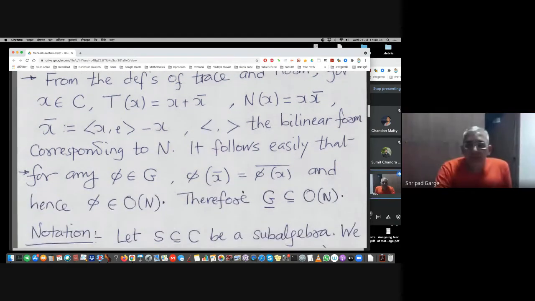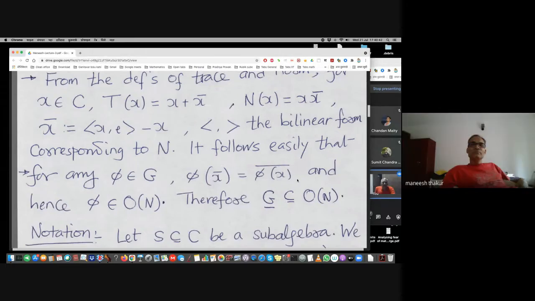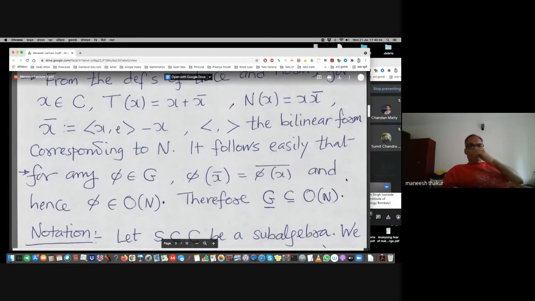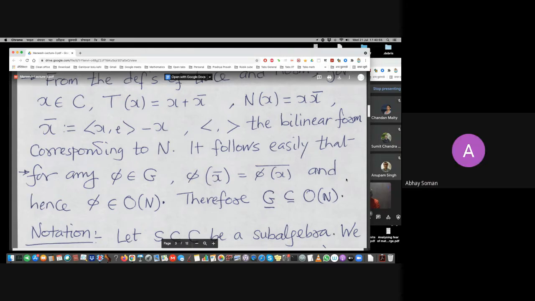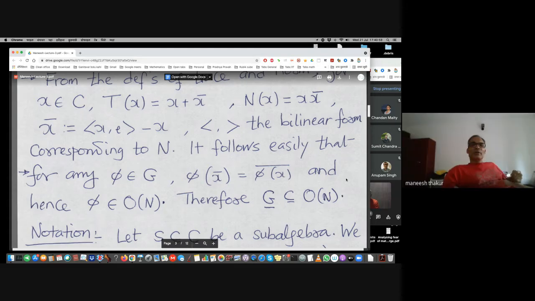So do we have any update on why phi of x bar is phi x whole bar and so on? I did not work it out, but if people have tried, then I can clarify. Otherwise, I'll do it right now. It is just that you have to expand this. But the inner product will be preserved, no? Under automorphism. So this is x plus e times x plus e bar.